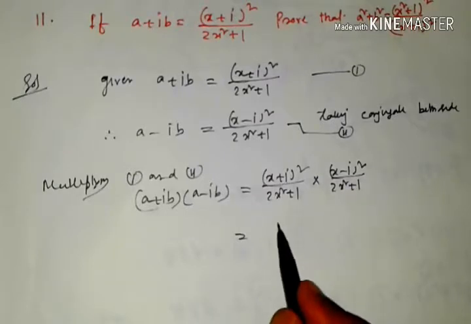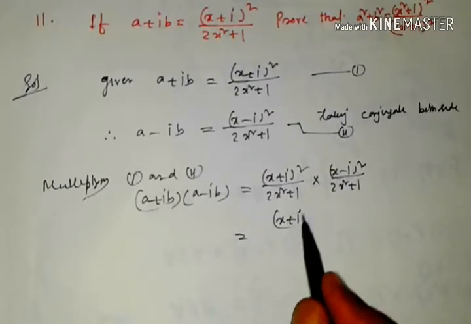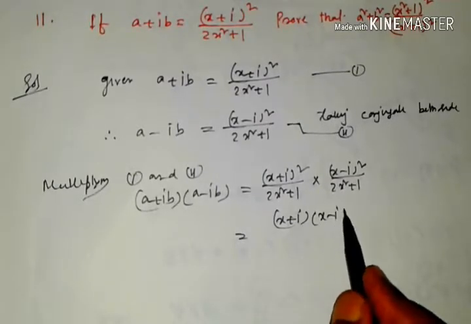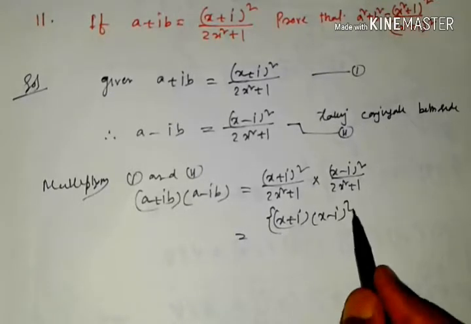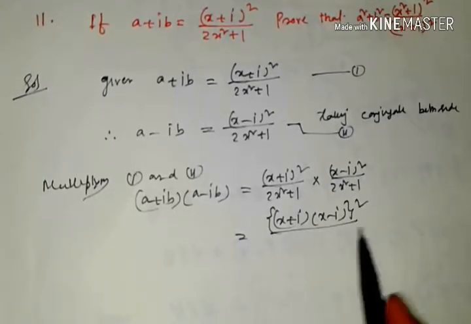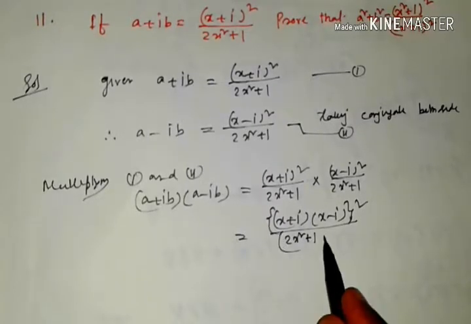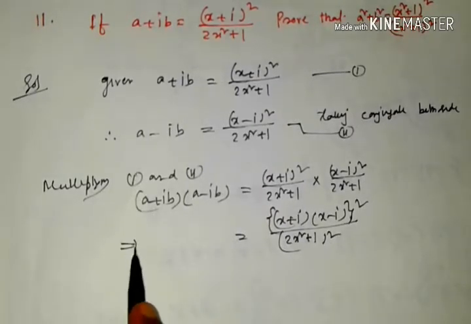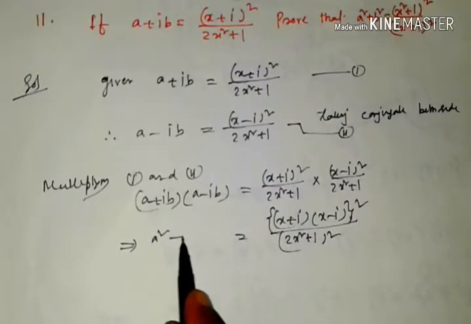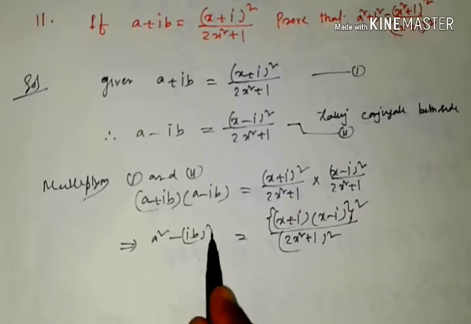Therefore, you can write (x plus i)(x minus i) whole square in the numerator, and this can be written as (2x square plus 1) whole square in the denominator. And the left side can be written as a square minus (ib) whole square.